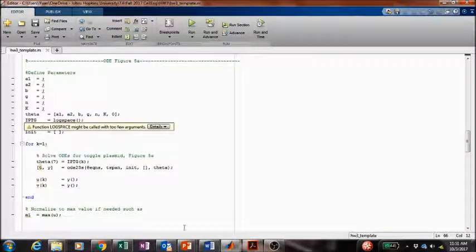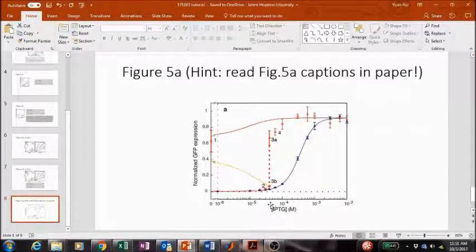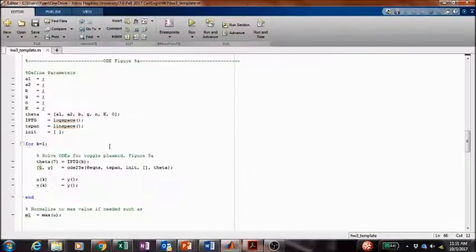And we're going to use log space because in the actual graph they had it plotted versus a log x-axis, and you know what the boundaries should be just by looking at the actual axis limits. So you know how to do log space, put that in. And then t-span, remember from homework 3, is the time with which we're going to run the actual ODE solver. So here it's listed as linspace.